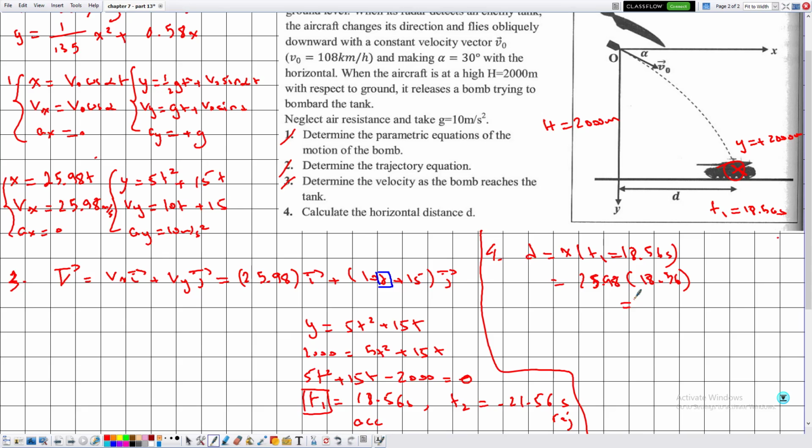Plugging this into the calculator, which is given by 482.19 meters. So this is the separation distance between the launching of the bomb and the position of the tank.